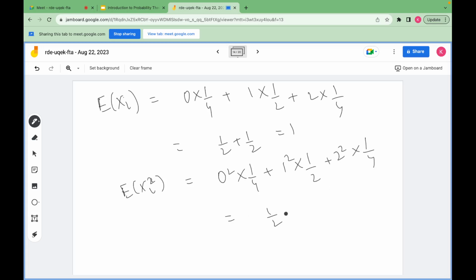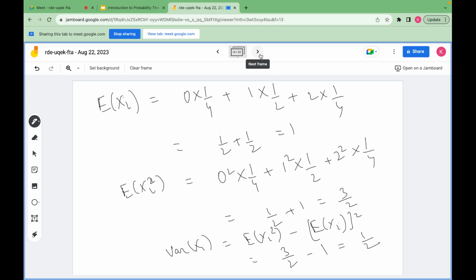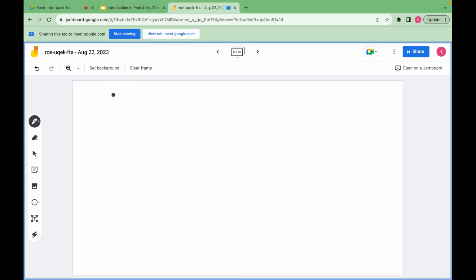This is 1 by 2 plus 1, which is equal to 3 by 2. So variance of xi is expectation of xi square minus expectation of xi whole square. This is 3 by 2 minus 1, which is 1 by 2. So we find that expectation of xi is 1 and variance of xi is 1 by 2.